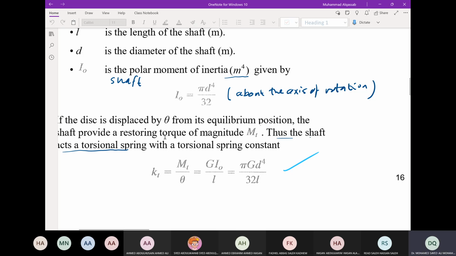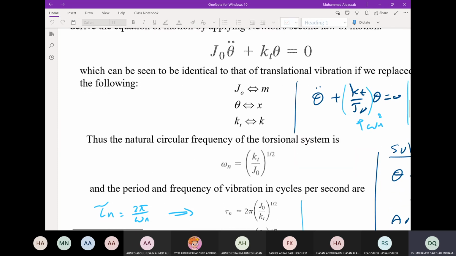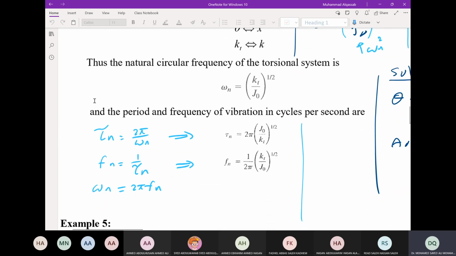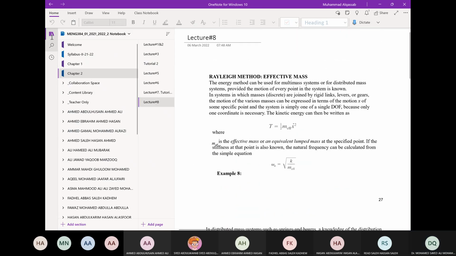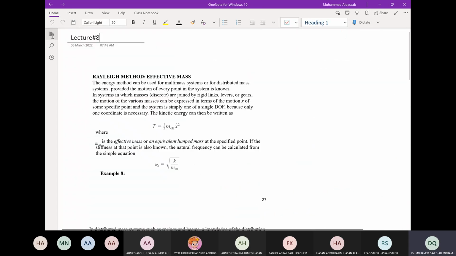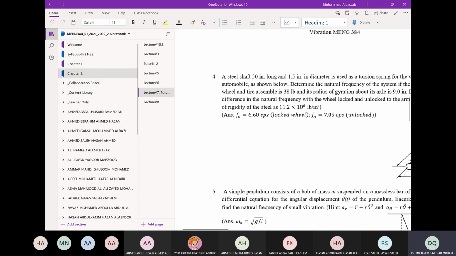Okay, and then omega n, which is here in this example is shown. Omega n is square root of kt over jo. Okay, so the difference here in the problem we have, sorry, in the tutorial.